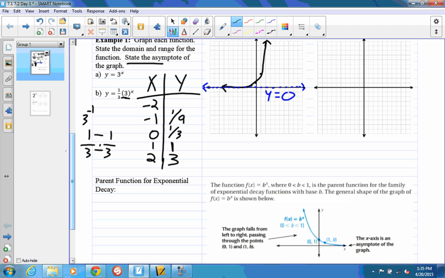All right, next one. 3 to the -2 power is the same as 1/3 squared, which is 1/9, times 1/3. 1/27.